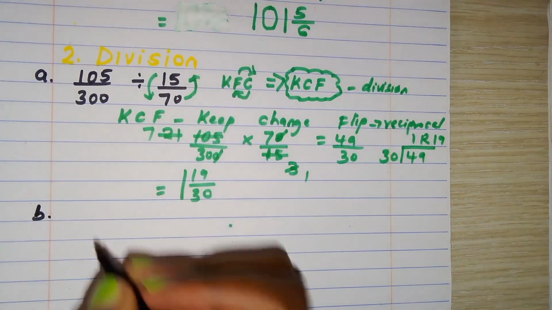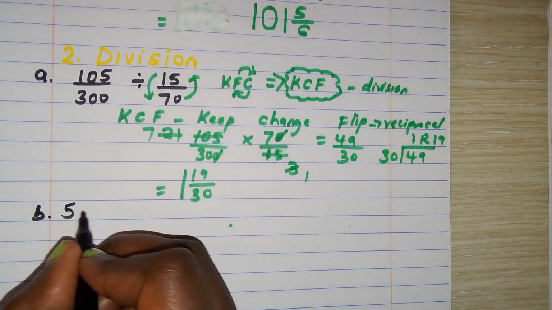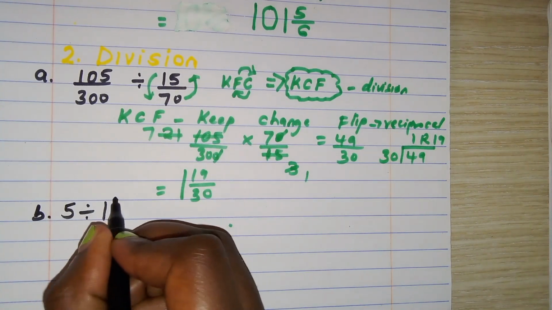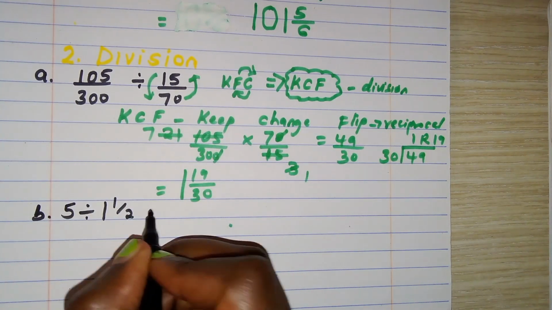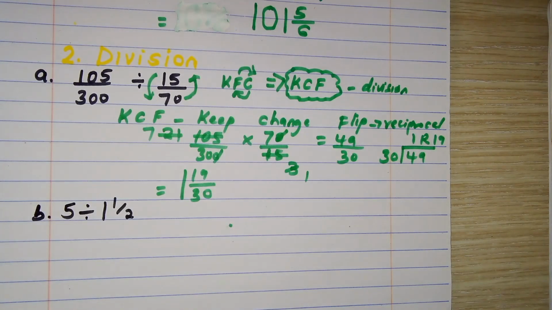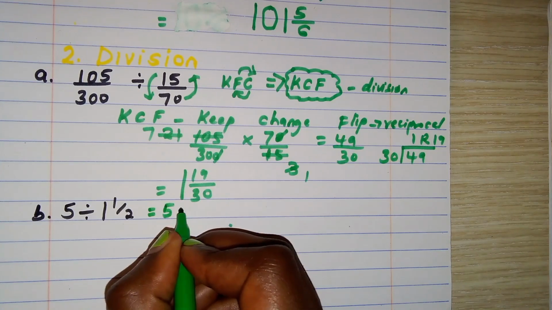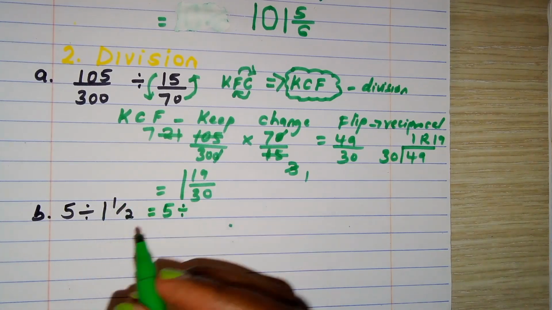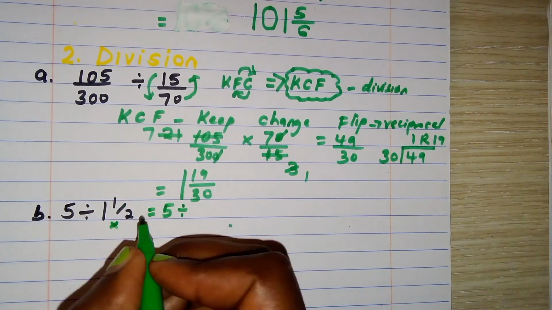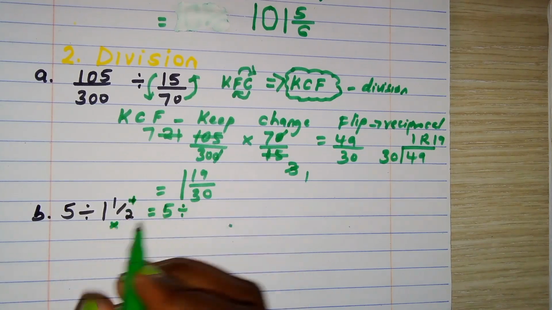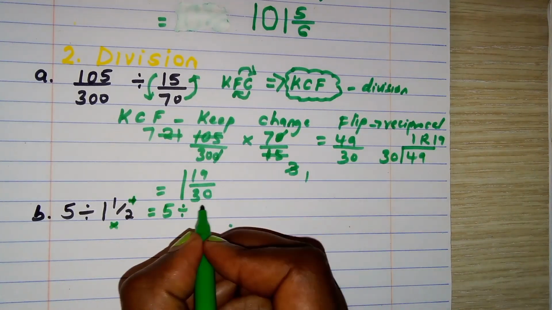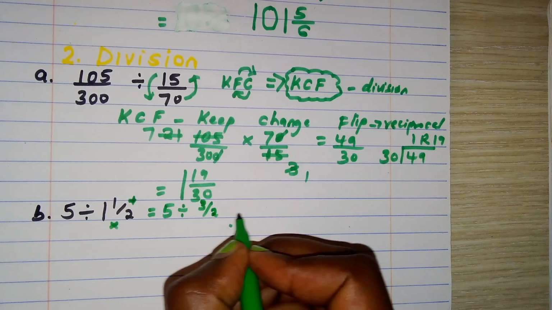Okay, second question. We can use a whole number divided by a mixed number. So here we have 5 divided by, we change this one to improper, 1 times 2 plus 1. 1 times 2 is 2 plus 1, 3 out of 2.